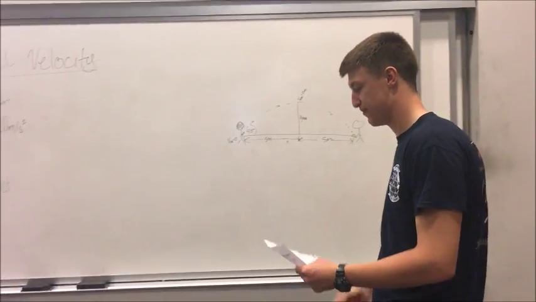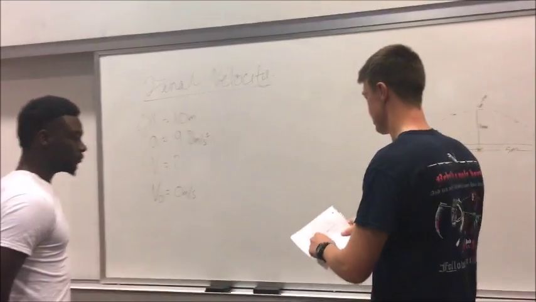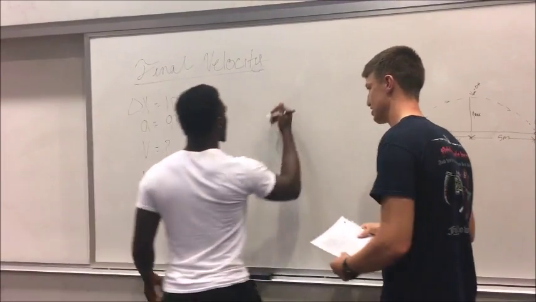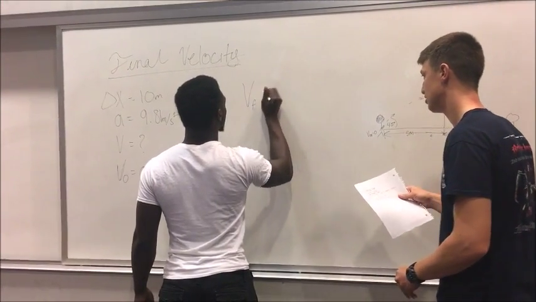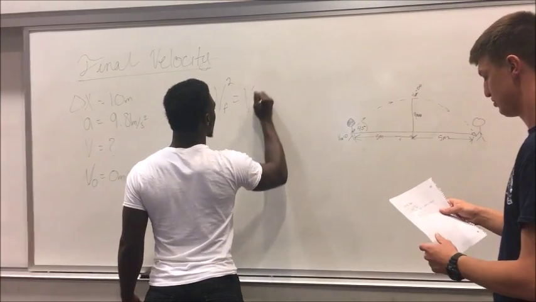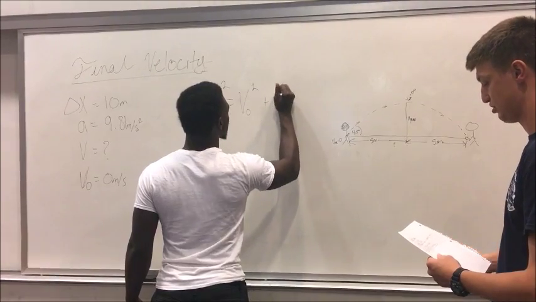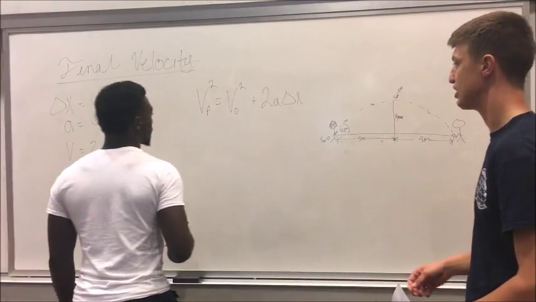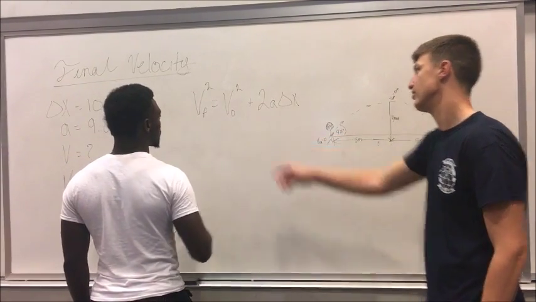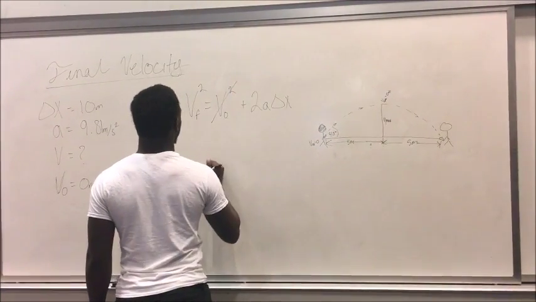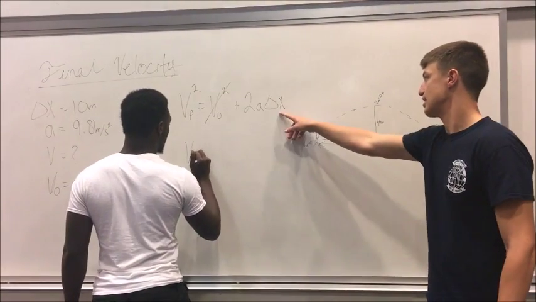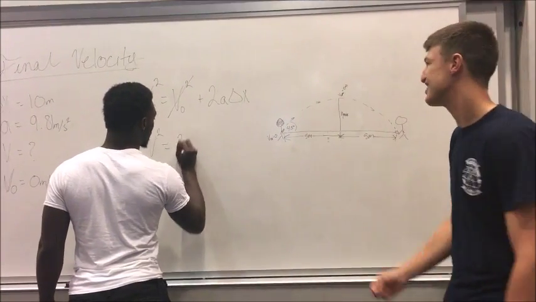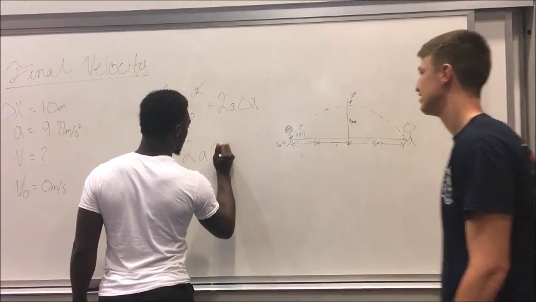So now we're trying to find the final velocity. And this is the equation for final velocity. Now we get rid of the things that we do not need. So velocity initial is 0. And our delta x is 10 meters.